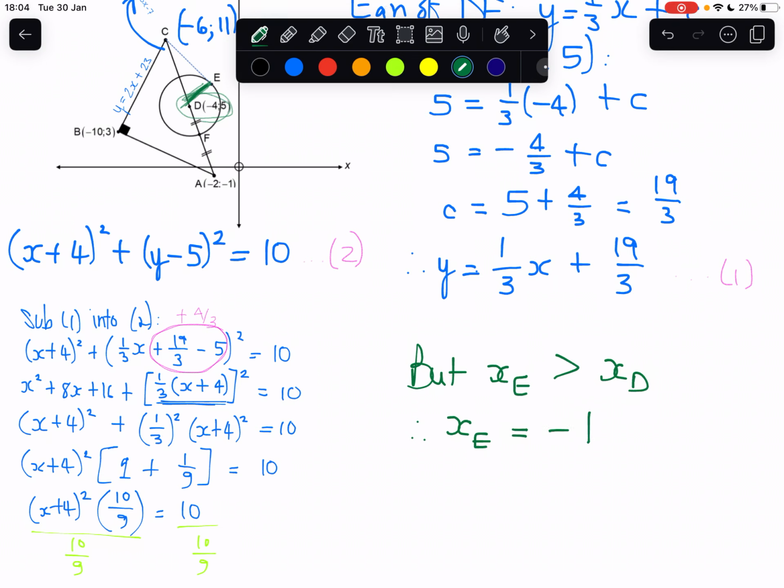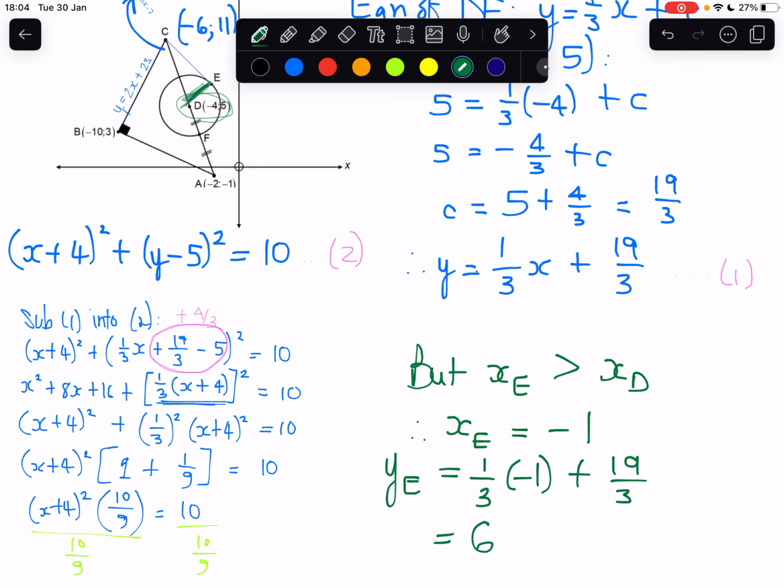And so to find the y coordinate, we can substitute it into either equation. The linear one is faster. So we sub it in there, and that gives us 6. You should verify that.